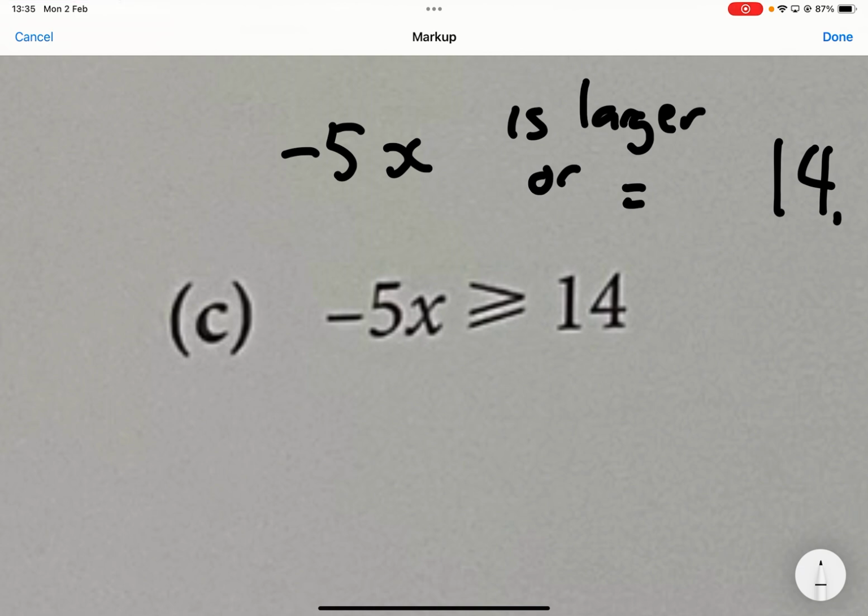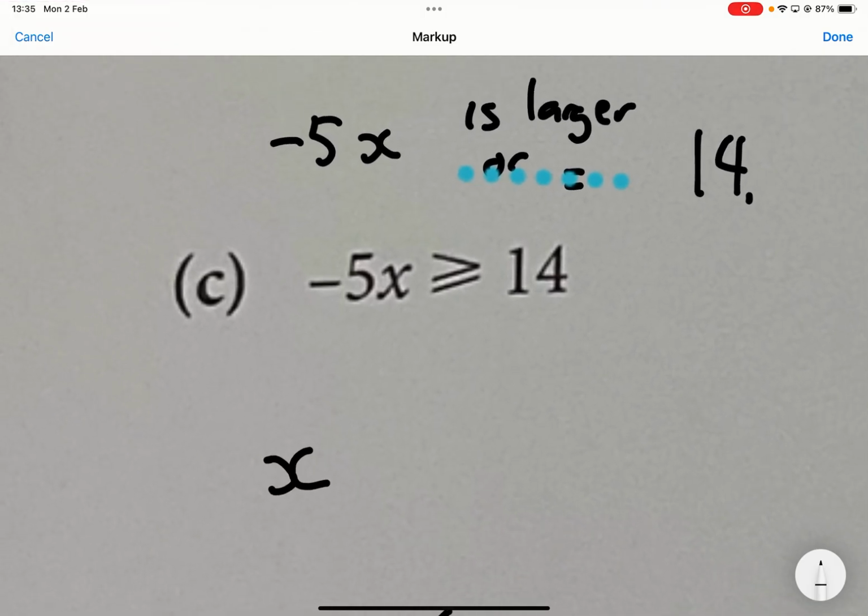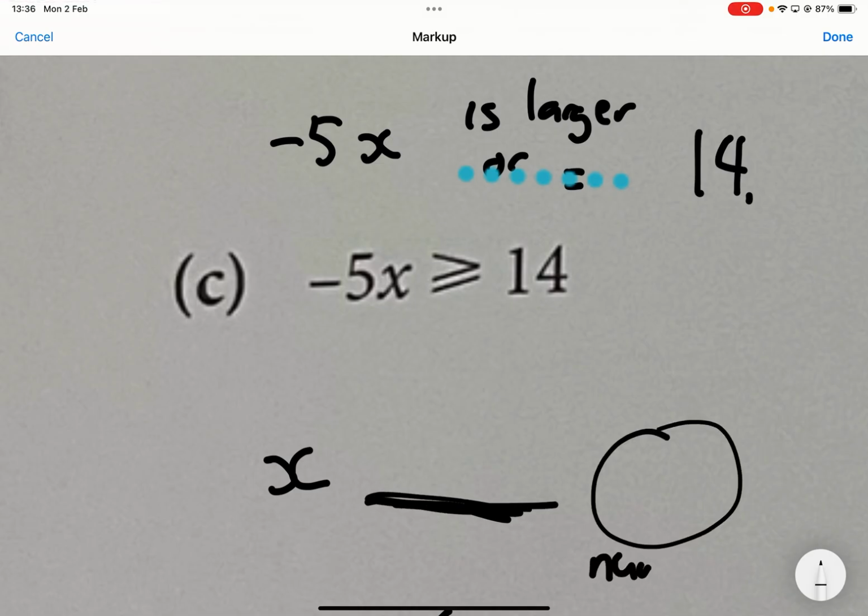Then when you are solving, they are asking, if I only have 1x, what is the relationship with numbers? What is the relationship between x and numbers? Solving means I don't want negative 5x, I want 1x. This is what they want.